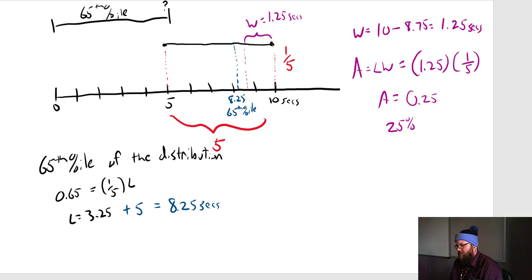And to interpret this, we would say approximately 65% of the time. So approximately 65% of the time, the red light will turn off. Will turn off before 8.25 seconds.